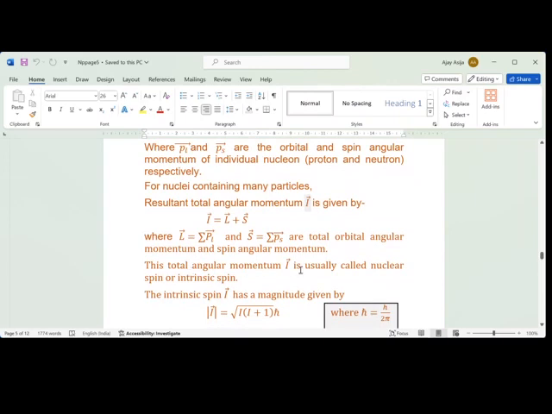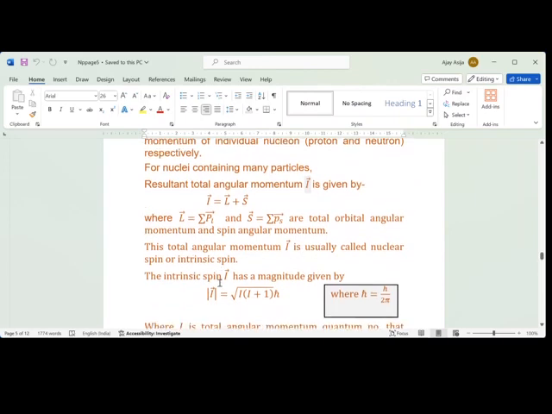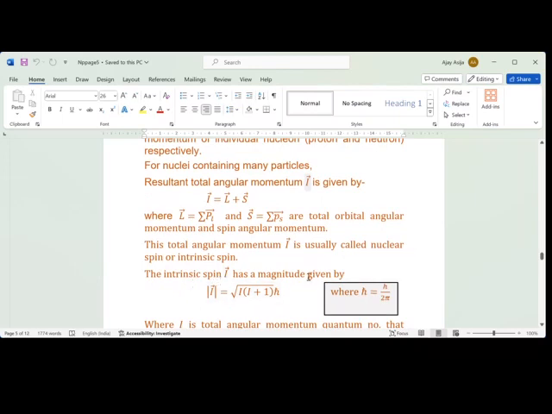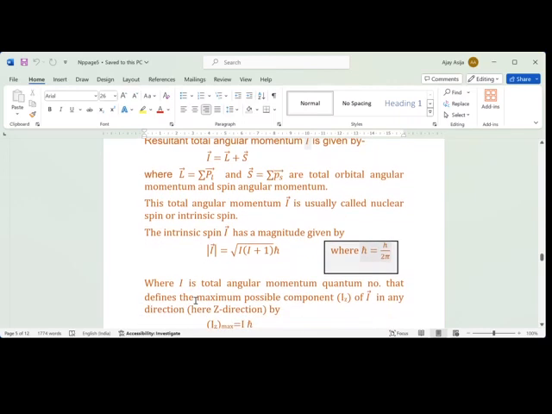The total angular momentum I is usually called nuclear spin or intrinsic spin. The intrinsic spin has a magnitude equal to the square root of I into I plus 1, into h cut, where h cut is h by 2 pi.